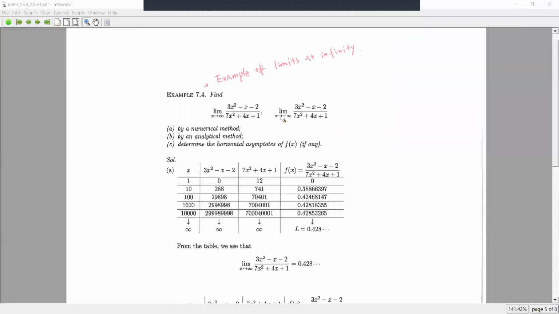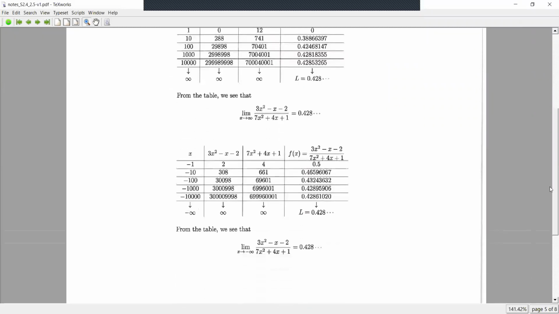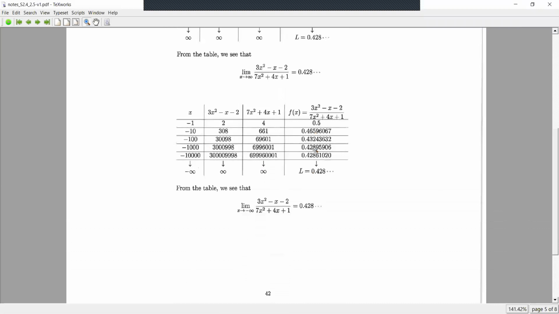About the limit at negative infinity, I make this table. From the table, as x approaches negative infinity, the numerator approaches positive infinity.